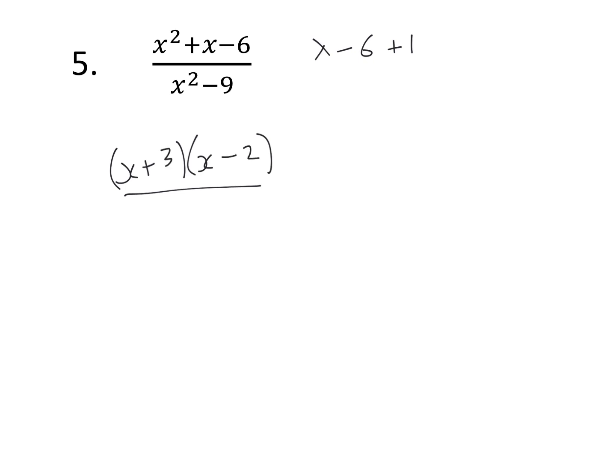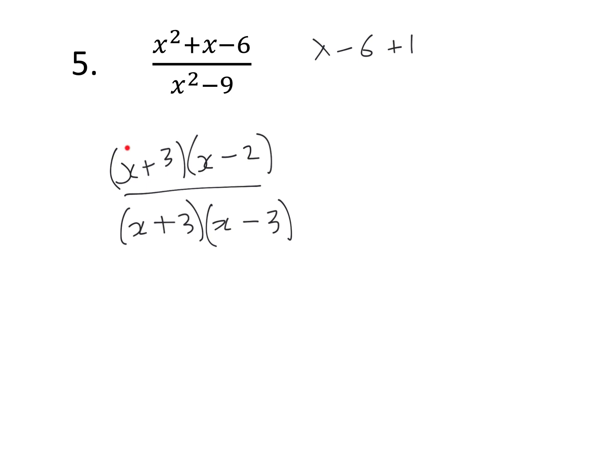So that's the numerator. The denominator is also a quadratic, so it can be put in double brackets, but it is a square number, take away a square number, so it's the difference of two square numbers, the difference of two squares. If we square root the x squared, we get x, and if we square root the 9, we get 3, and then we put a plus and a minus in between.